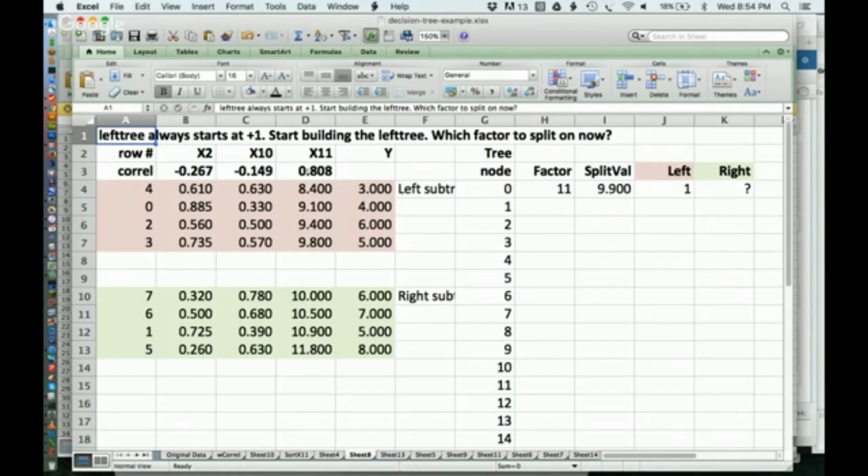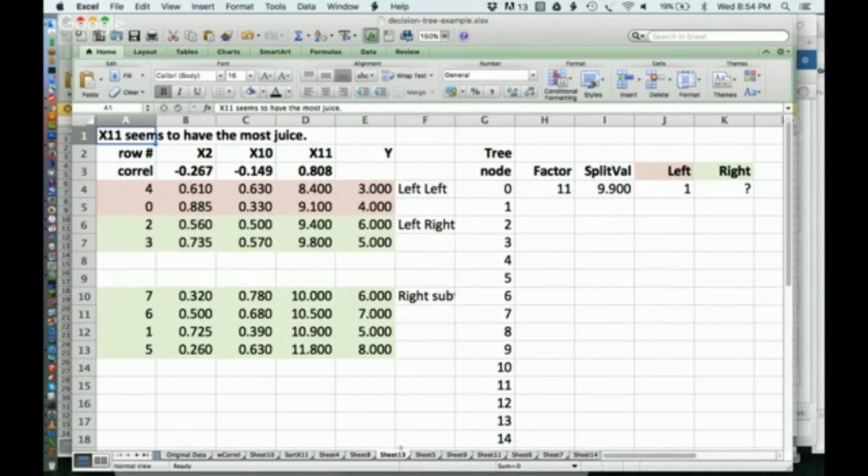Again, interestingly enough, this same factor, X11, has the strongest correlation. So we're going to use that again to split on. And it turns out it's already sorted according to that factor. So it's going to be between these two values. So it'll be 9.25 will be our split val because that's the median here.